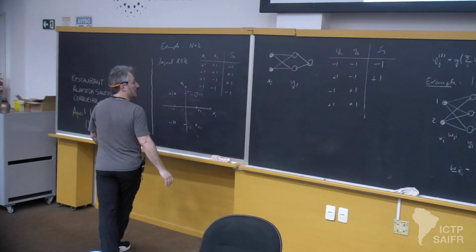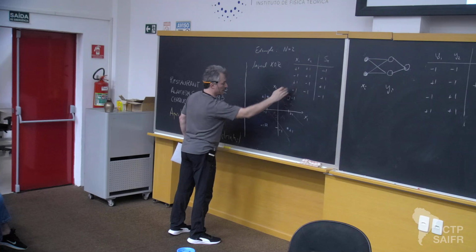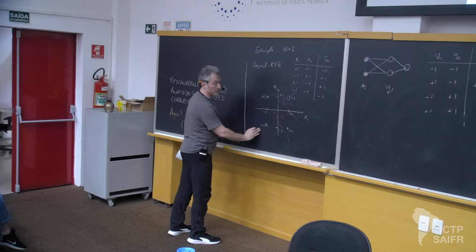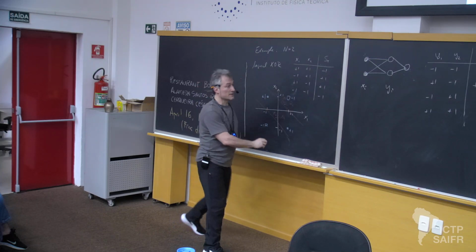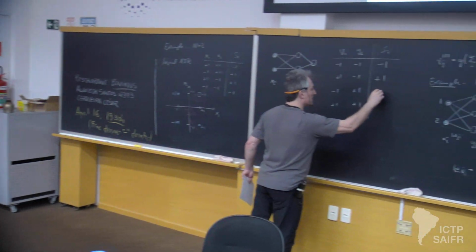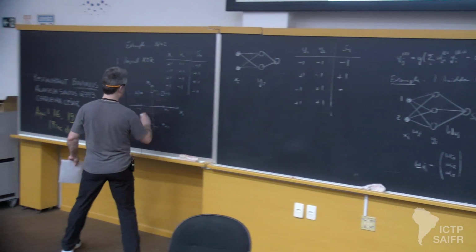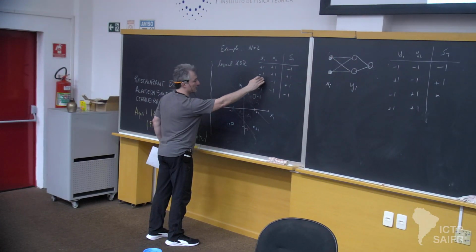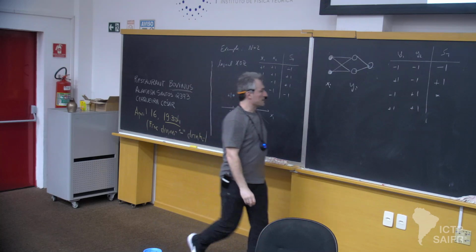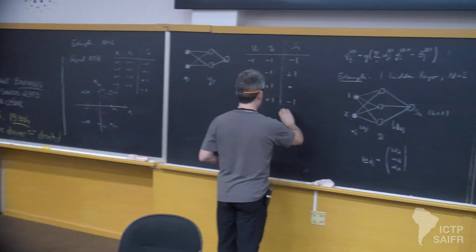Then I have +1 here and -1 here. So there is no intersection of these areas. It does not exist. And then I have +1, +1. So they are classified on both sides here. And this is a -1.